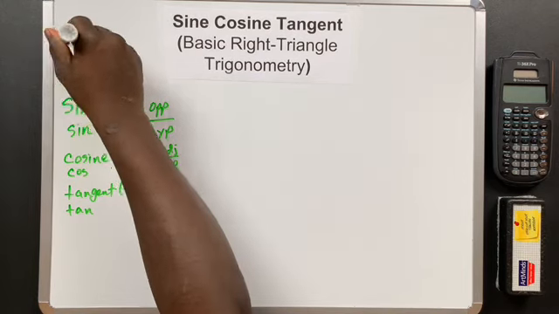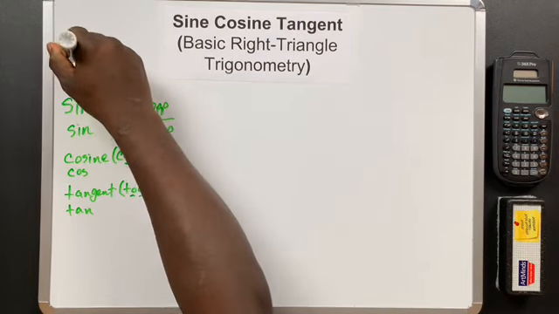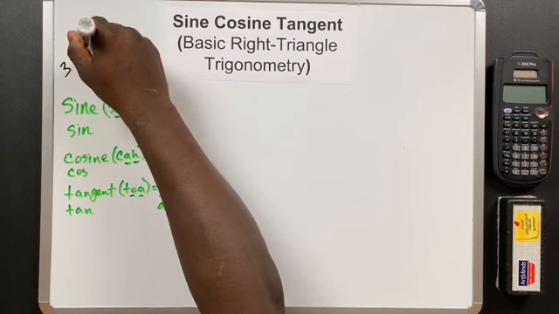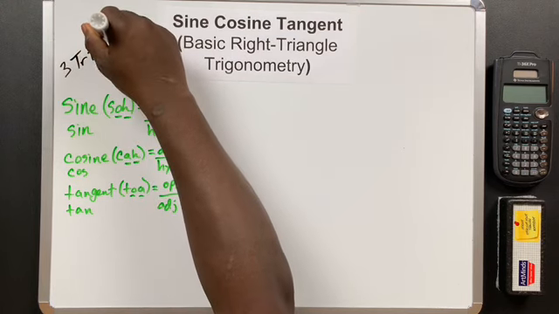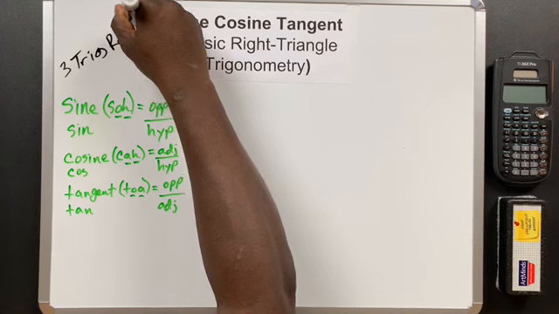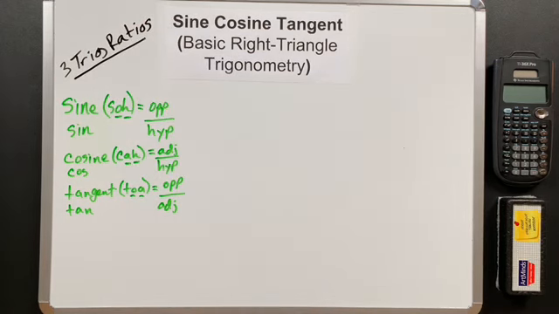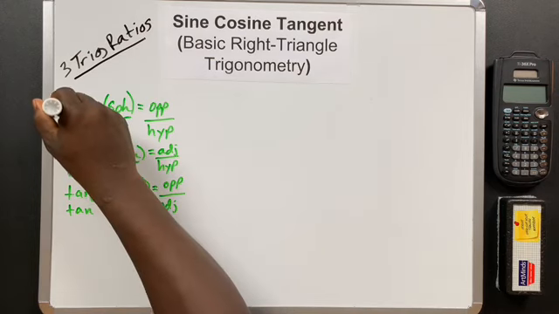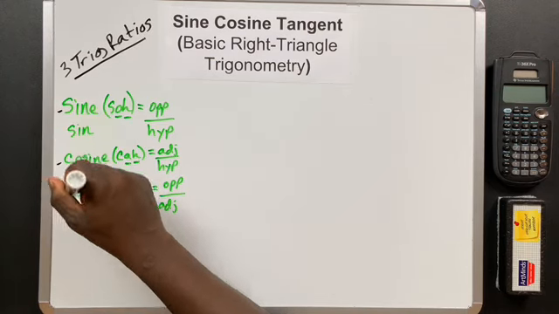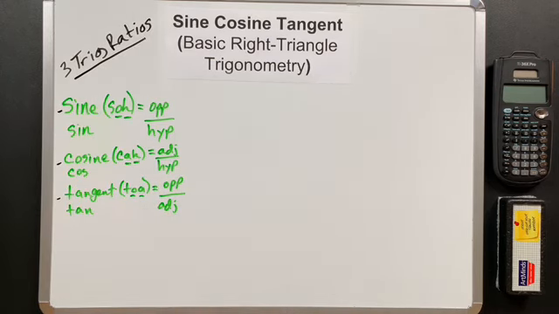So I'm going to call these three trig ratios. These are the three basic trigonometric ratios you have here: sine, cosine, and tangent.